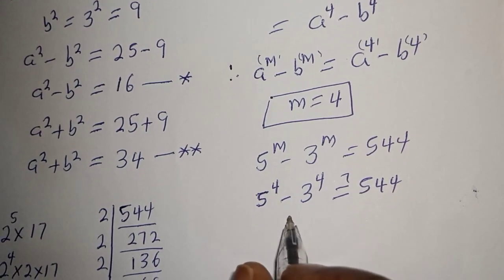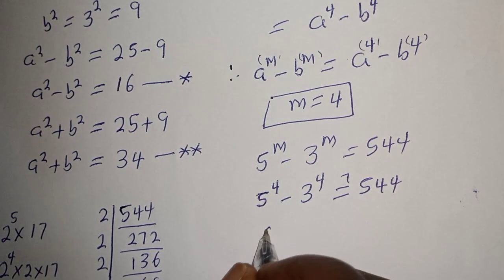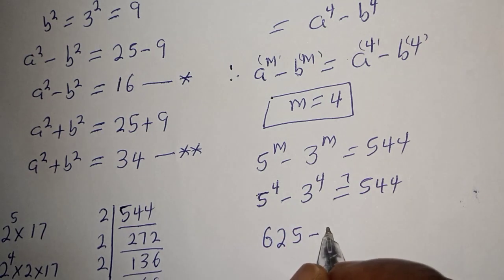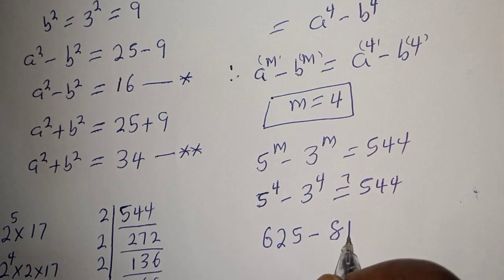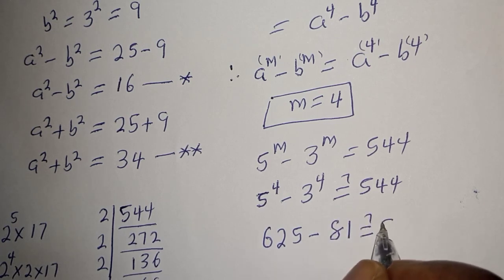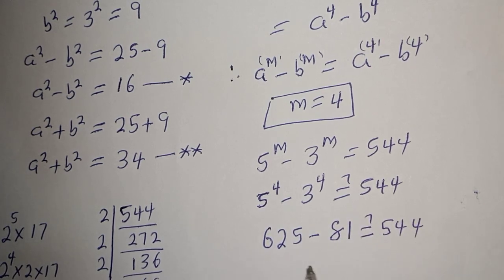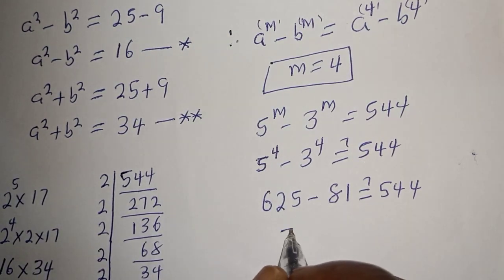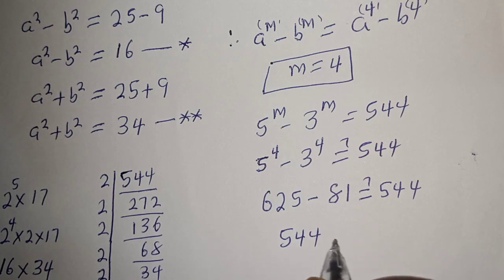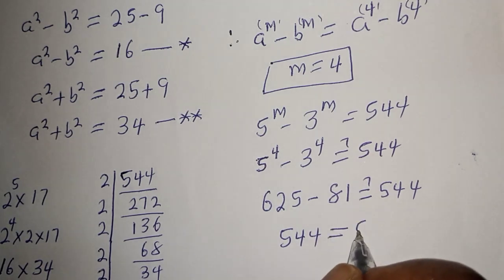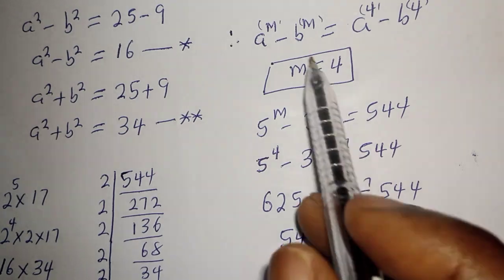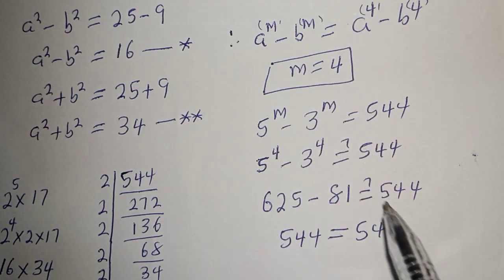Now 5 raised to power 4 is 625 minus 3 raised to power 4 is 81 must be equal to 544. Now let's see, 625 minus 81, this is 544 is equal to 544, which satisfies the given equation at m is equal to 4.